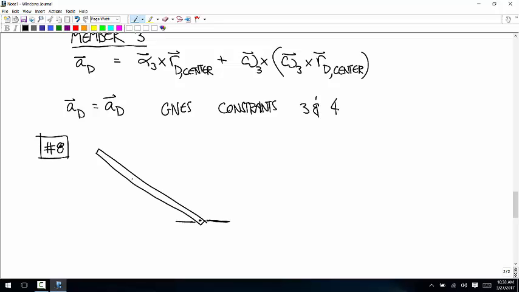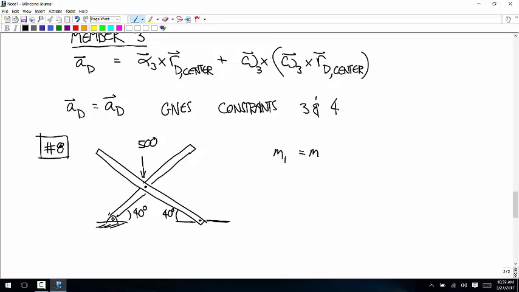So you have 2 members that make an X. They're connected at their midpoints. This angle's 40 degrees. All the lengths are the same, so this angle is also 40 degrees. You have a 500 Newton force here.